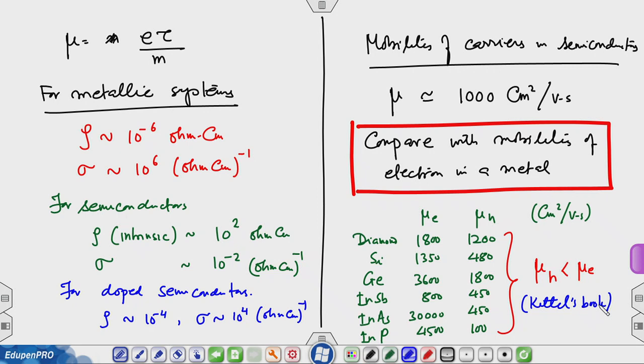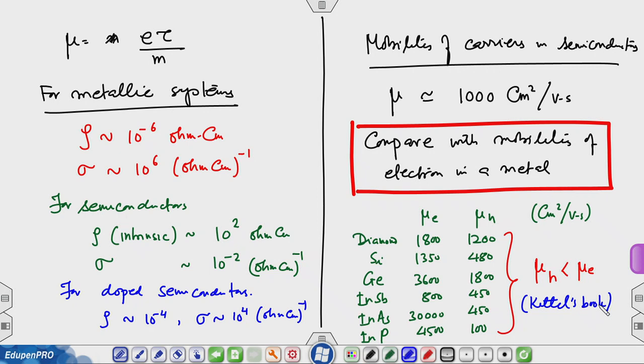Holes are slightly smaller because generally it is seen that hole bands overlap, and therefore, instead of moving in a band, they make a transition to the other band. So, this is the kind of numbers that you have in these systems.